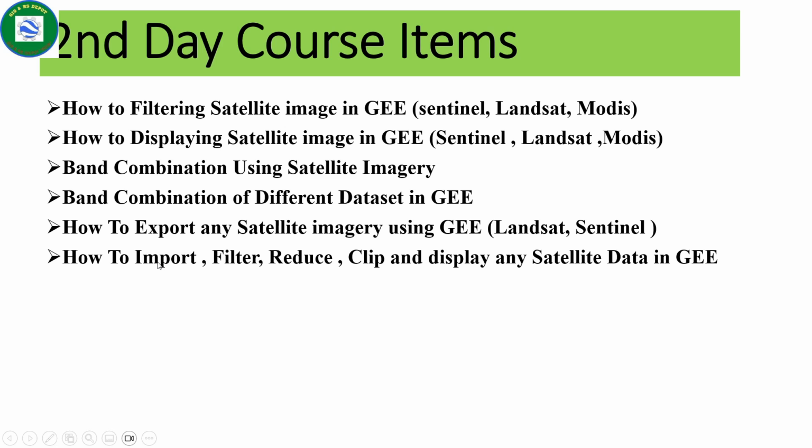Then how you can filter it by your specific time frame, by your specific region, by your specific metadata. Then how you can reduce an image collection. Then we clip your own interested study area, and finally display these data set images in the Google Earth Engine code editor.